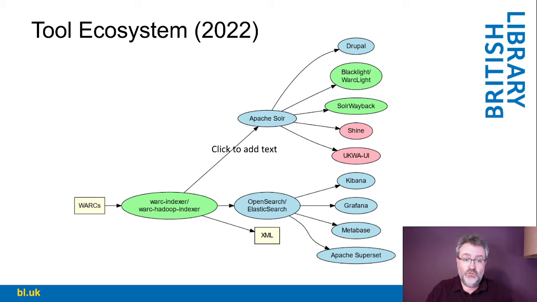So if you're already a Rails shop or can run Rails, then Warclight's a really good option for exploring web archives. Another option, which we'll be seeing more of in the conference, is Solr Wayback from the Danish Web Archive, which is quite an exciting development, and one we've been starting to experiment with ourselves.